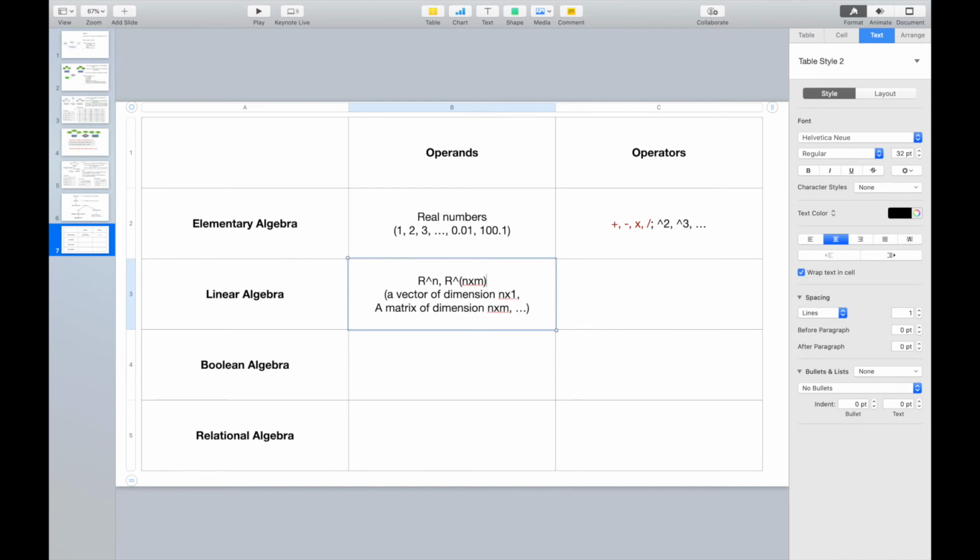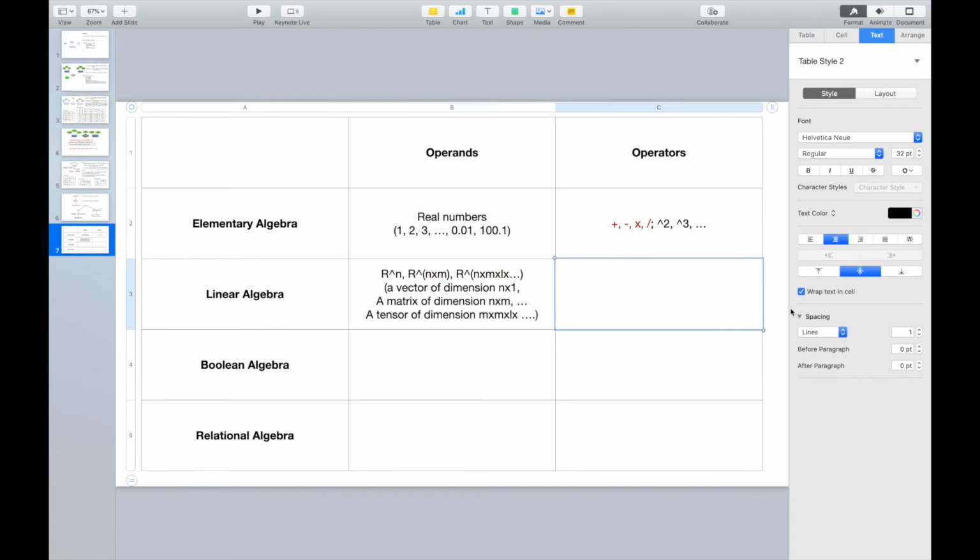We can also have even higher-order operands like tensors, if you have heard about this. We can have R to the n times m times l. There are even higher-order tensors. And for the linear algebra, what are the operators?